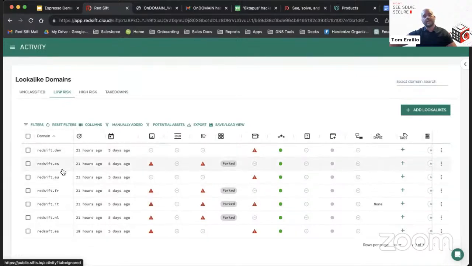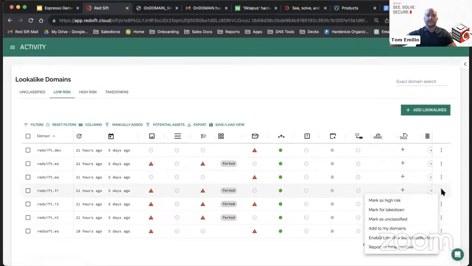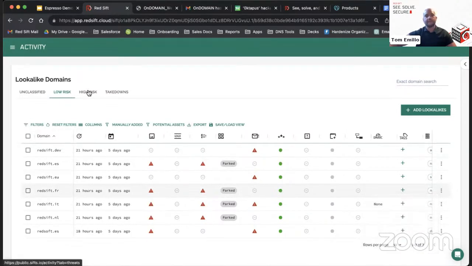The platform's saying, hey, these are things you might want to look out for. It's absolutely possible that we own all these domains, so I can say, OnDOMAIN, those are mine. They are different TLDs, but I own them, and they'd appear on that other domains tab we first looked at.